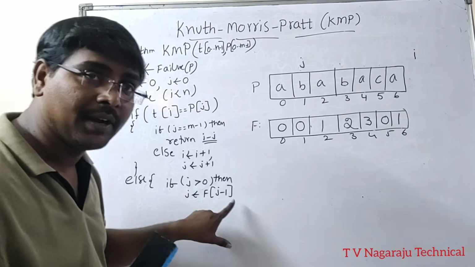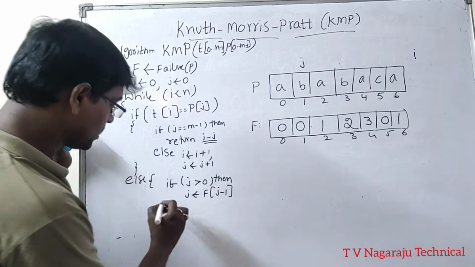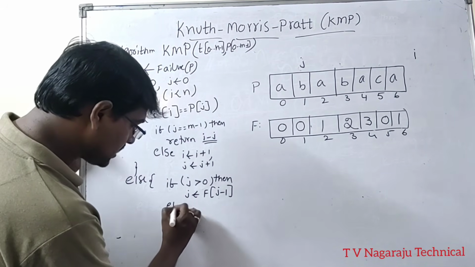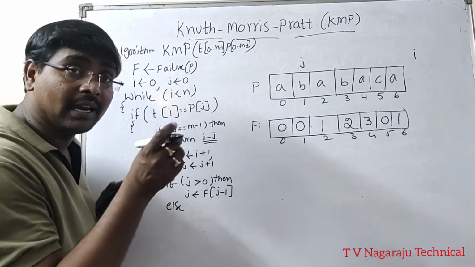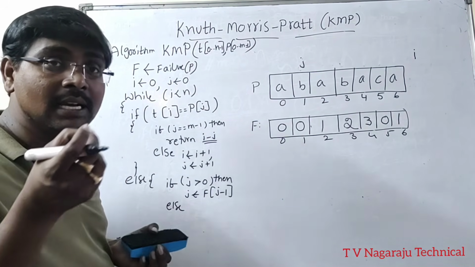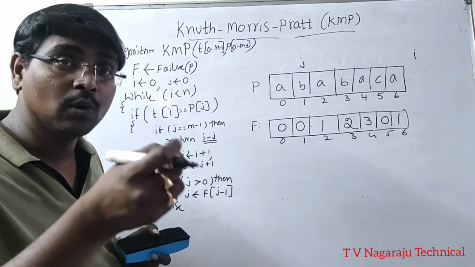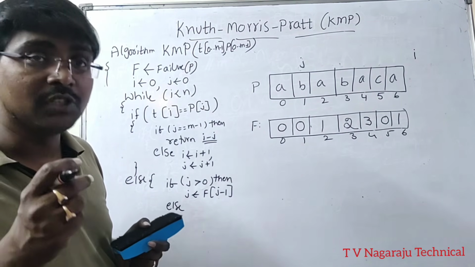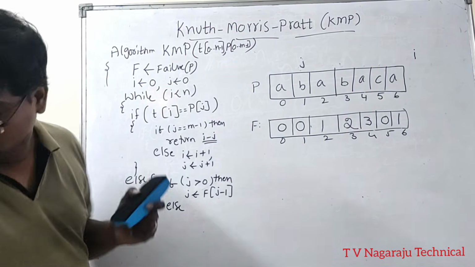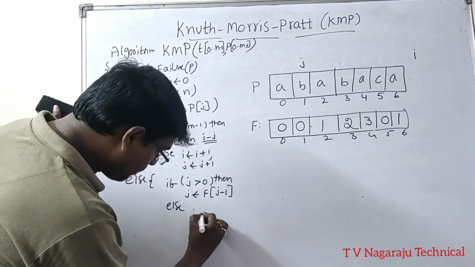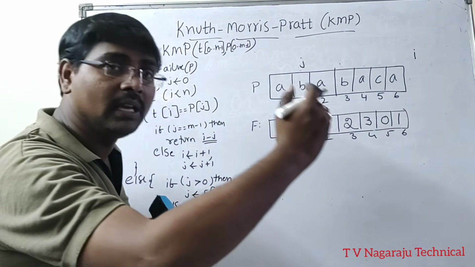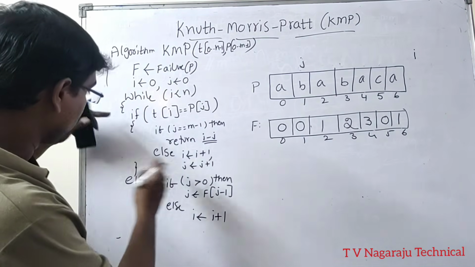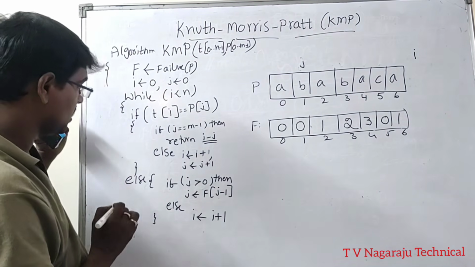Otherwise, if j greater than 0 is false, that means j value is equal to 0. If j value is equal to 0, simply i is equal to i plus 1. Move to the next character. Okay, this is the else case.